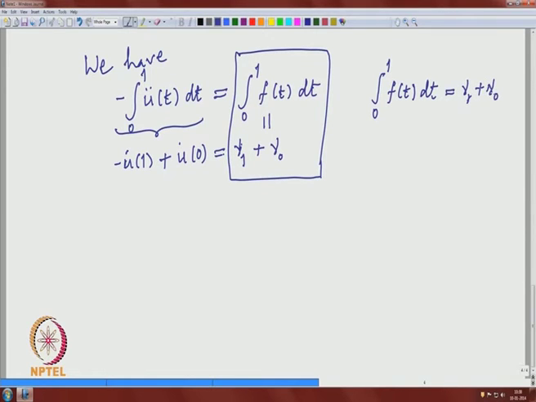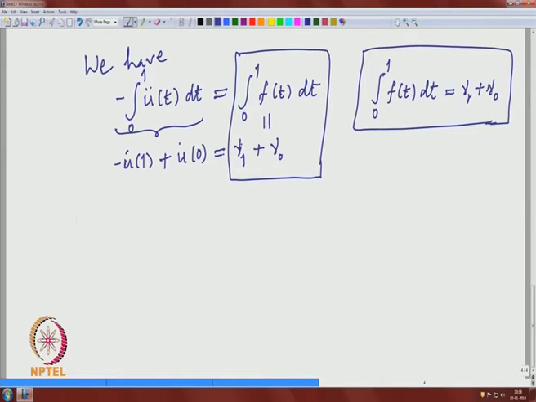Now this relation will tell us which boundary conditions and which forcing terms are possible and which are not, to have a solution to the BVP.